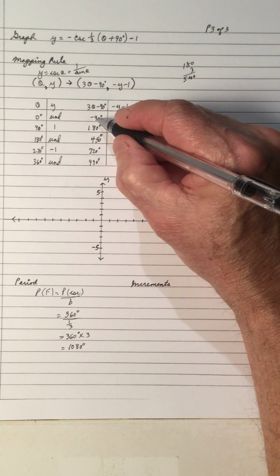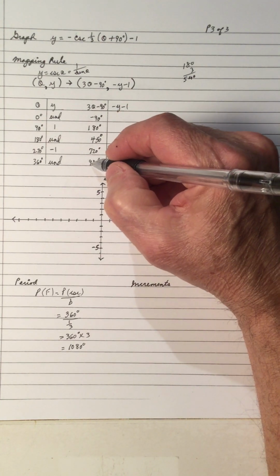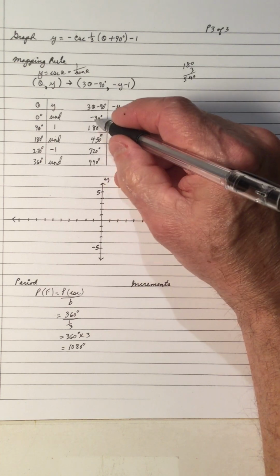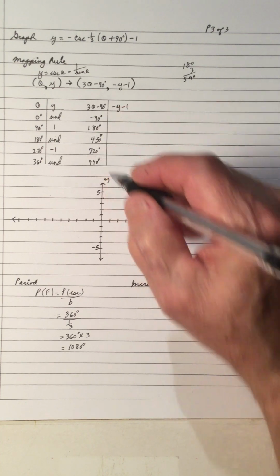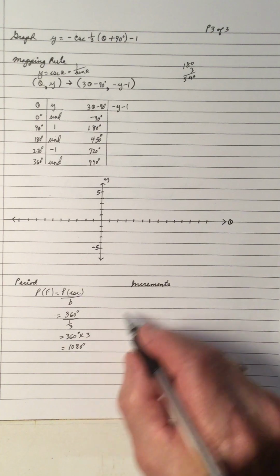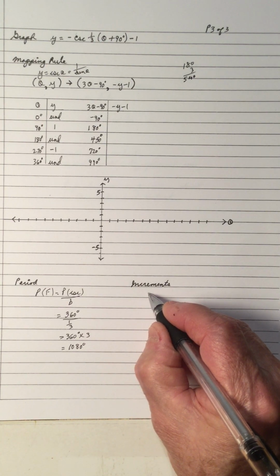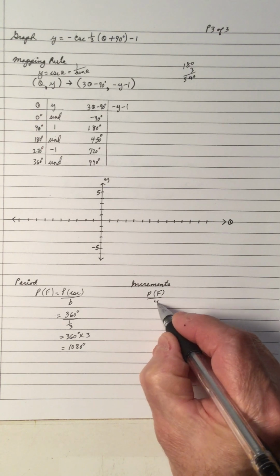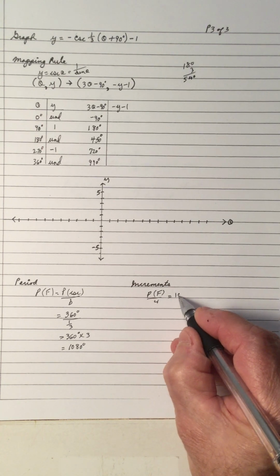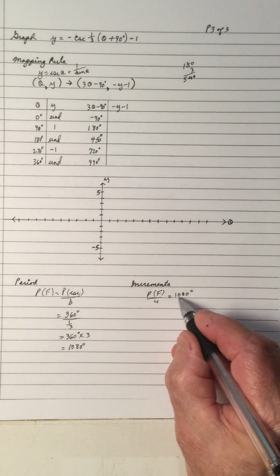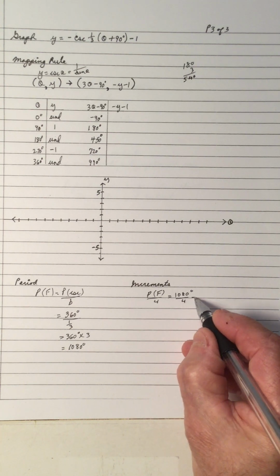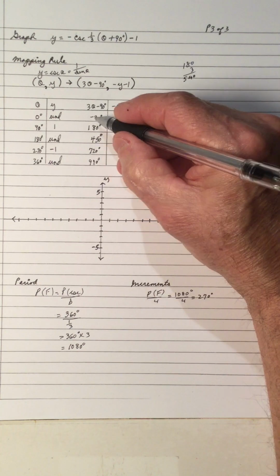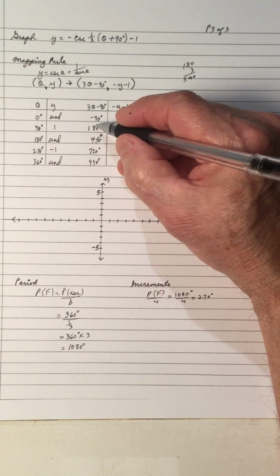And if you take negative 90 and 990, there's 1080 between the beginning and the end. And the increment change is the period of the function divided by 4. So 1080 divided by 4 gives you 270, which is the increment change between each of these values.